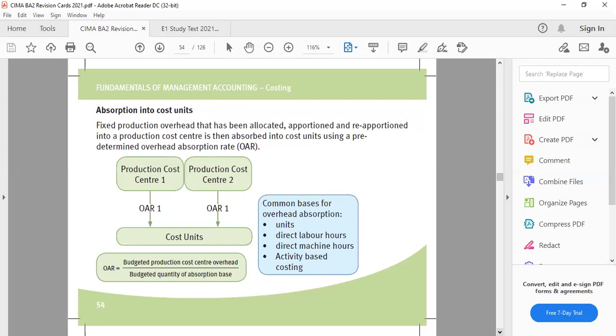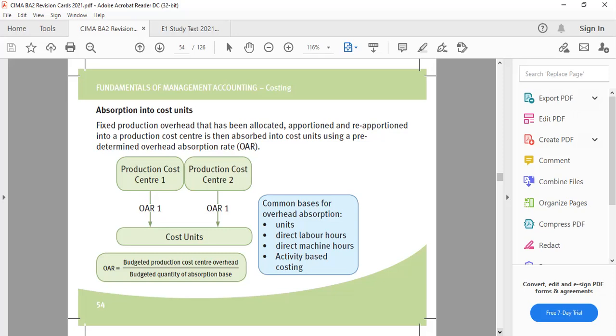Absorption into cost units. Once the overheads are all charged to the production departments, all the overheads are only identified with the production departments. There's absolutely nothing left in the service department. The next part is absorption of overhead costs. The formula is budgeted production cost center overheads divided by budgeted quantity of absorption base.